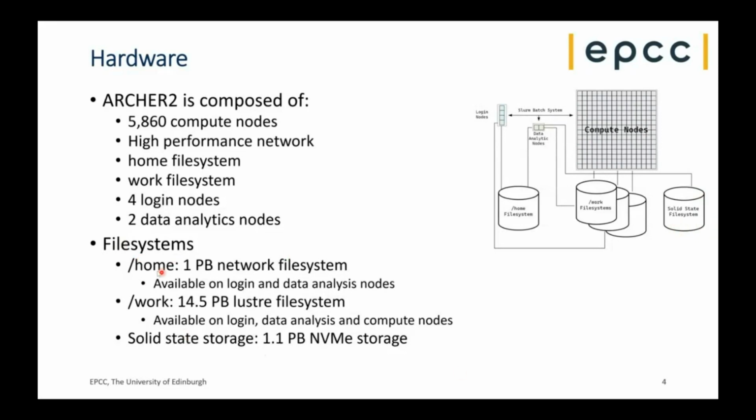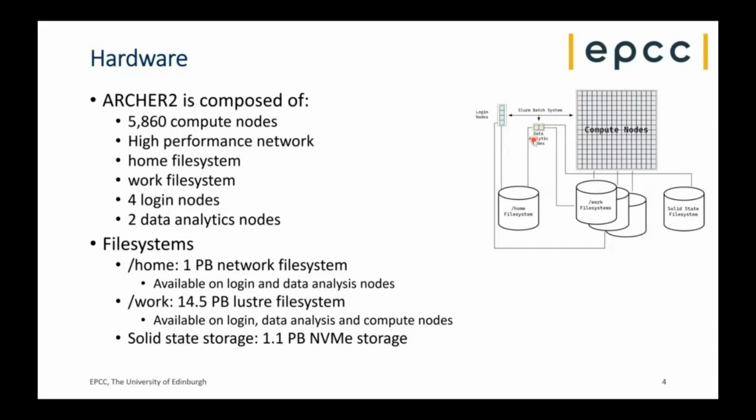As it says down here, the home file system is reasonably big, a petabyte, and you have access to it from the login nodes and these small data analytics nodes here. The data analytics nodes are not really very well named because there's only 2 of them. You can't do large-scale data analytics on them, but they're really there for moving data on and off the system, for things that you can't run on a compute node, or you don't want to run on a compute node, but are too long to run on the login nodes.